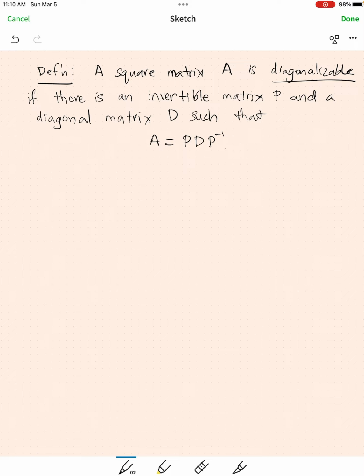That's what diagonalizable means. Okay, it might not be very apparent what this even means, but let's just take a look at the example.